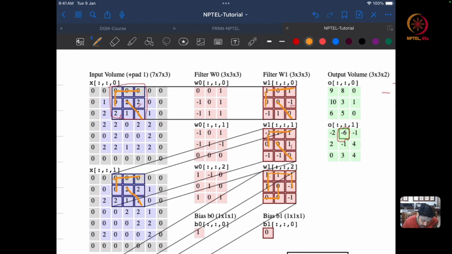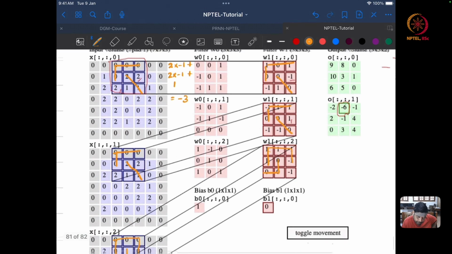So this is 2 into minus 1, plus, we have 2 here, minus 1 here, 2 into minus 1, plus, we have 1 here, plus 1. Now this is minus 2, minus 2, minus 4, this is minus 3.